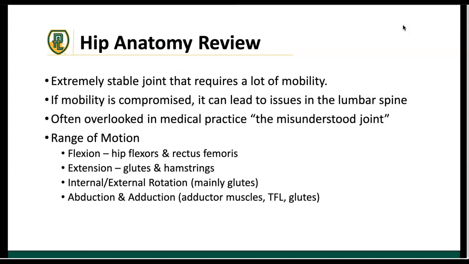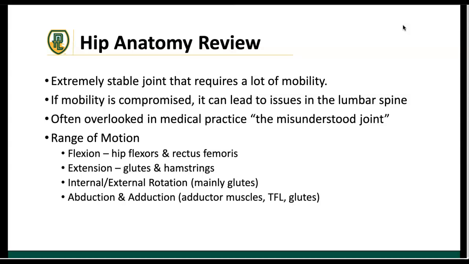And so when we have a patient who comes into us with low back pain, oftentimes we forget to look at the hip joint, or we forget to actually look at the muscles surrounding the hip joint as contributors, and we'll most often just stay really focused in on the lumbar spine. But oftentimes lumbar spine pain may actually be an indirect kind of hint that there's something else going on at the hip joint itself.